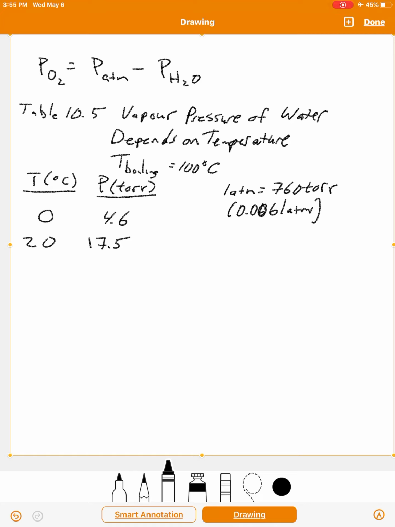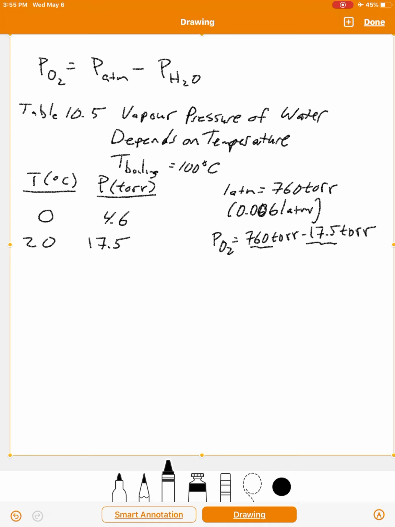So that means the pressure of oxygen would be 760 torr minus 17.5 torr. That's significant, right? If you compare the second number to the first, there's a real adjustment there. This is going to go down to about 742.5 torr.